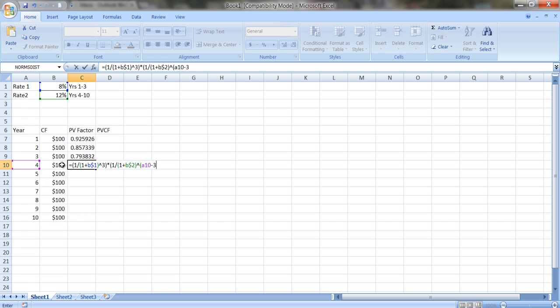Okay, so that means, and hopefully I've put in enough parentheses to get some numbers, that this is discounted by 1 over 1.08 to the third power times 1 over 1.12 to the first power.